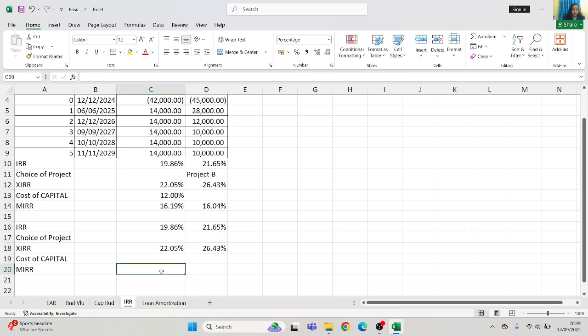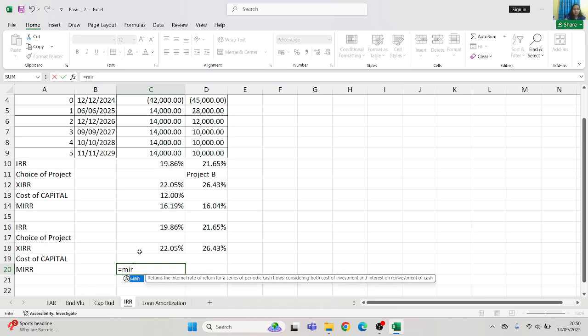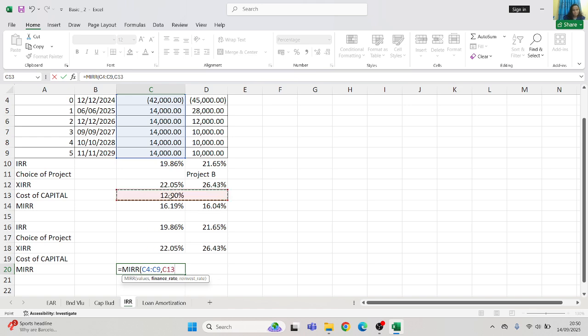Now we have to calculate MIRR for project A. We press equal, then we type MIRR, then we tab, values, then we press enter.